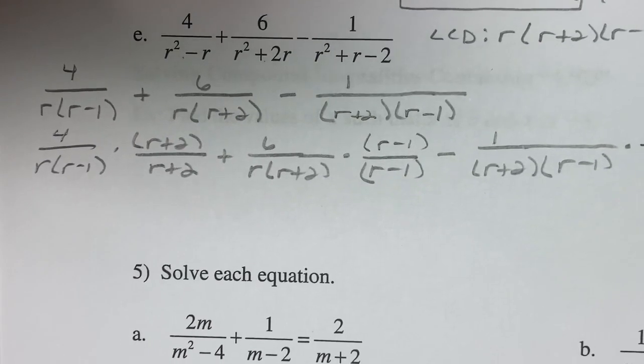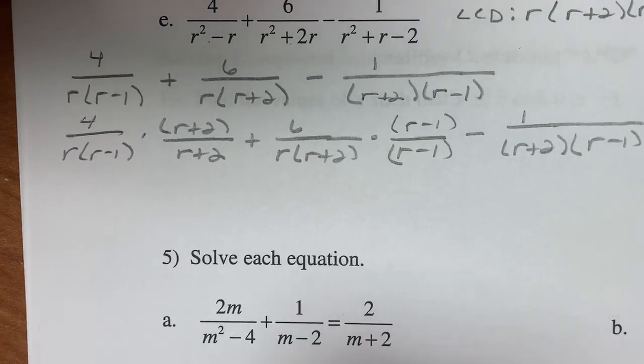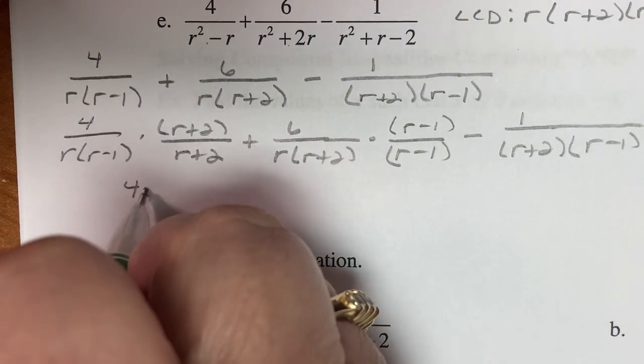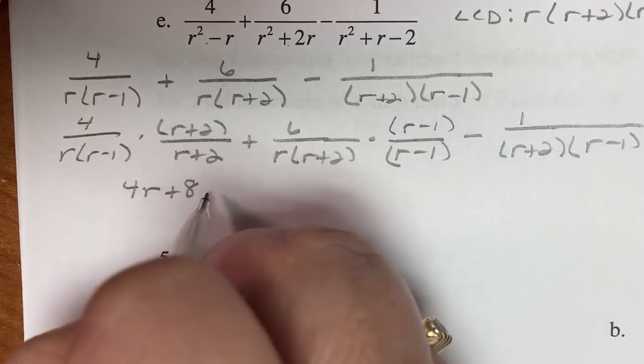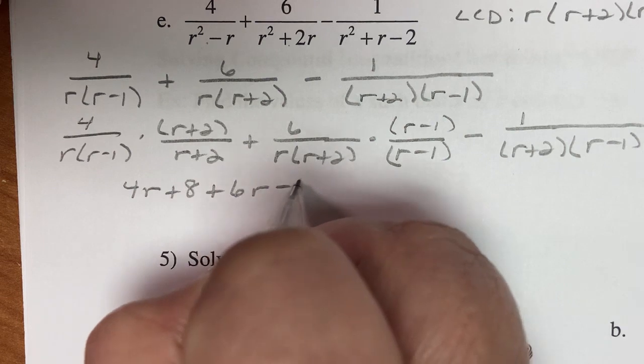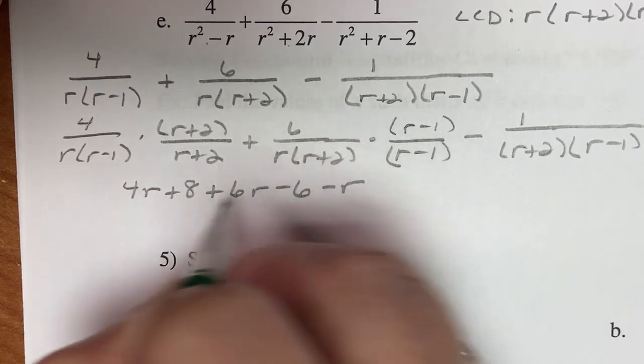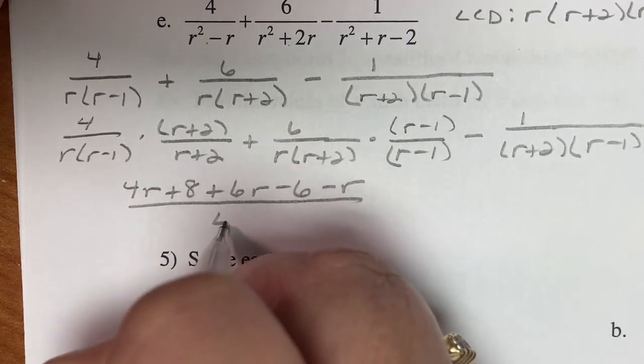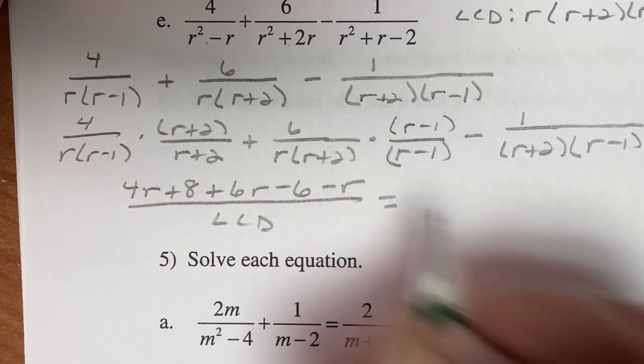So let's go ahead and combine these things and distribute. So we're going to have 4r plus 8 plus, because it's addition, 6r minus 6 and then minus r all over that lowest common denominator.